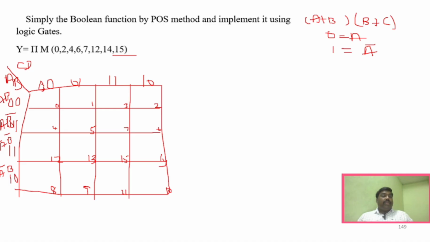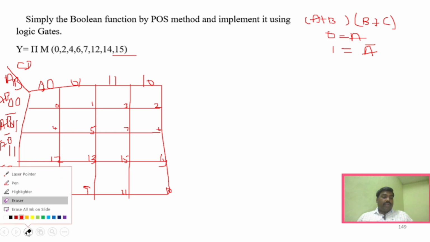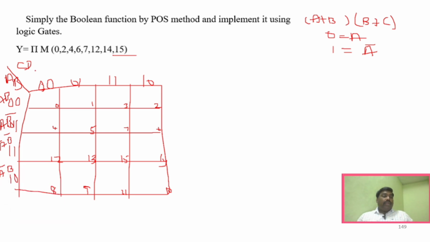And similarly, this one will be C and D, because 0 is the non-complement form, correct? And this will be C and D bar, this will be C bar and D bar, and this will be C bar and D, right?